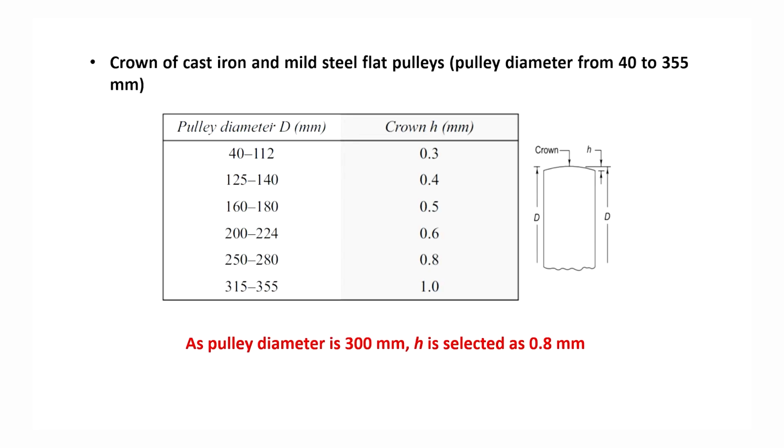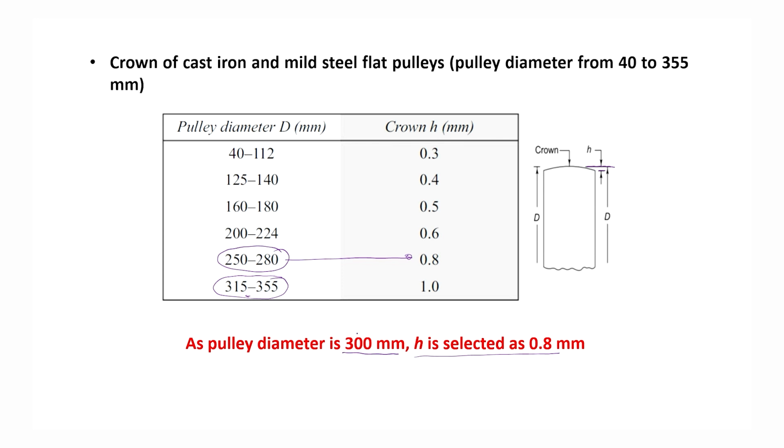Now, based on the pulley diameter, the crowning height is decided. As the pulley diameter in our case is 300 mm, which lies in this range, H is selected as 0.8, because the value for this range is 0.8, and then the next range starts from 315 to 355.